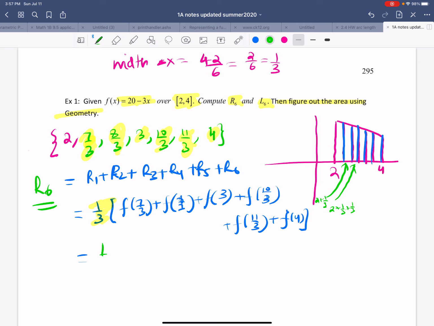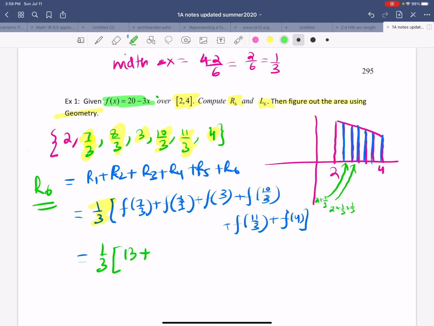That's going to be 1/3. F of 7/3 would be 20 minus 3 times 7/3, which is 20 minus 7. That is going to be 13. F of 8/3 would be 20 minus, so I'm plugging the x values into the function that's given to us in the beginning to estimate.